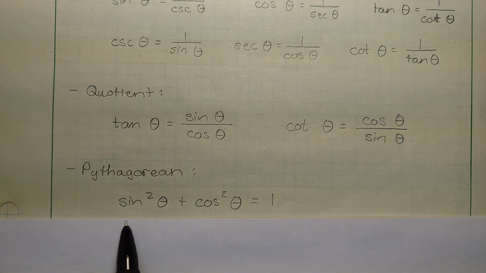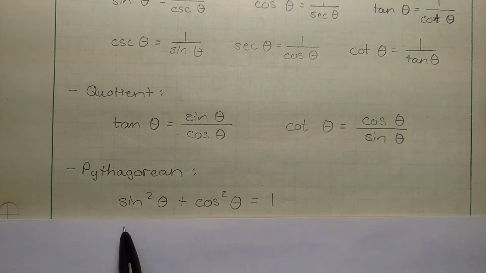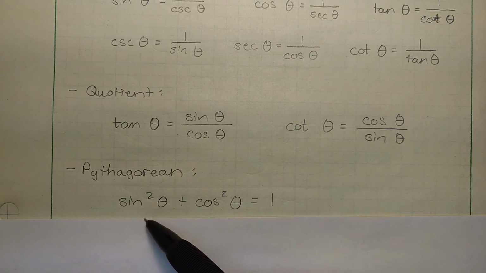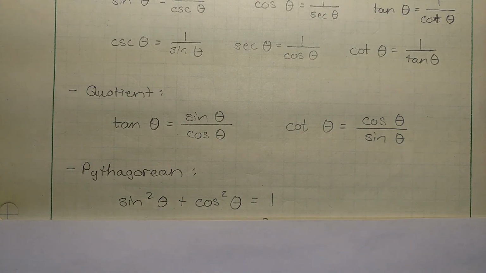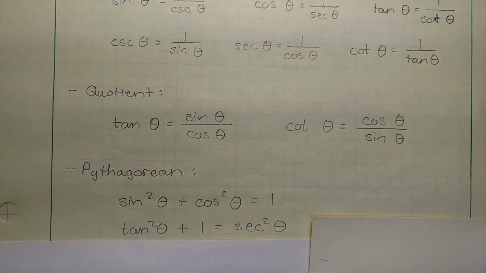Well, since I know tangent is sine over cosine, if I multiplied through by 1 over cosine squared, this would be sine squared over cosine squared, which would be tangent squared. This would be cosine squared over cosine squared, which is 1. And this would be 1 over cosine squared, which would be secant squared. So that's another form.